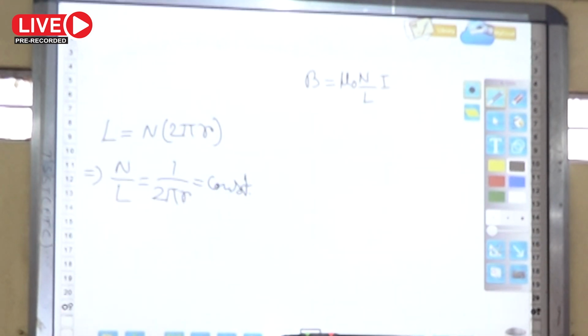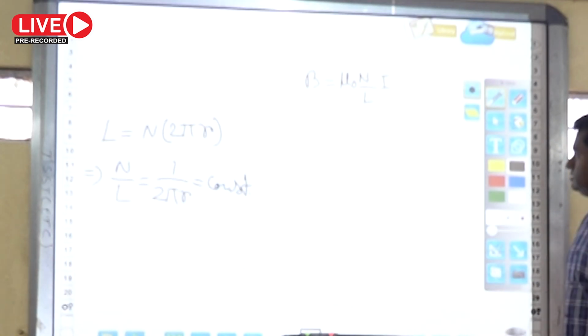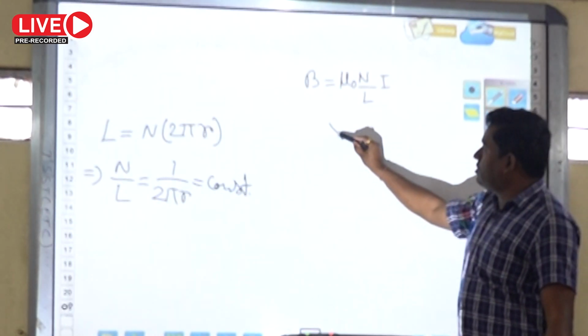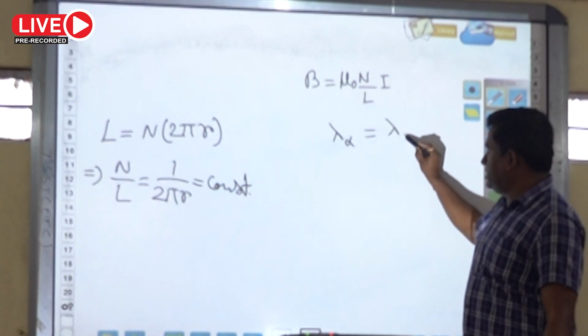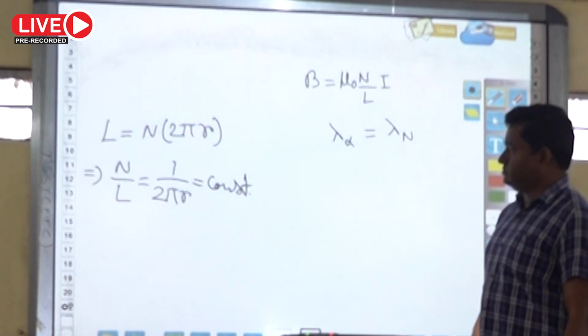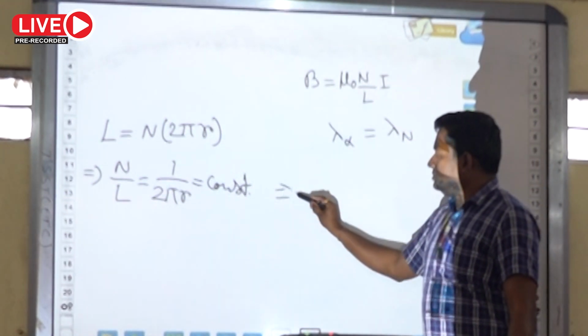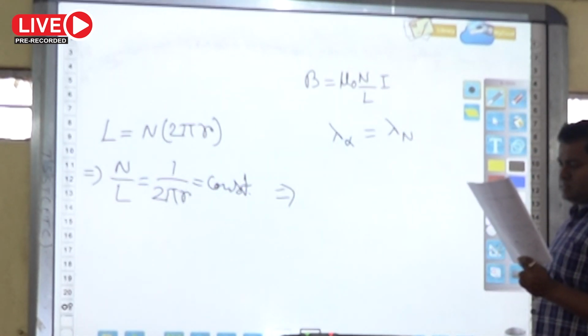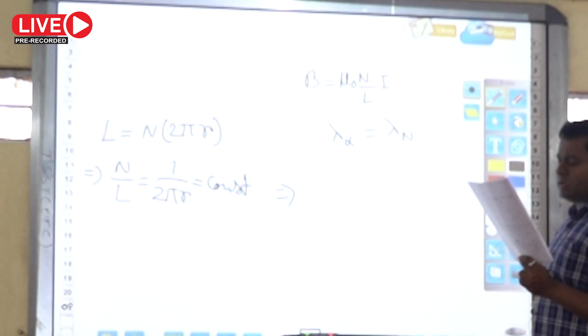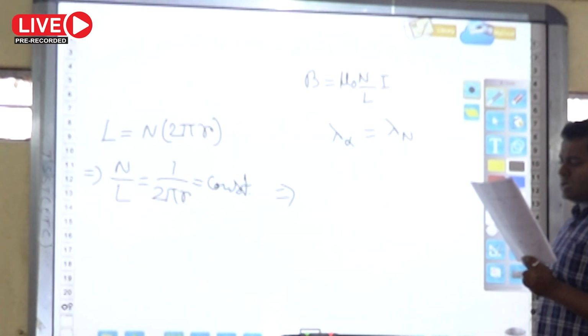If the de Broglie wavelength of the alpha particle and a neutron are the same, then what is the velocity of alpha particle and neutron? Okay. De Broglie wavelength of alpha particle is equal to de Broglie wavelength of the neutron. So the wavelengths of an alpha particle and a neutron are the same.